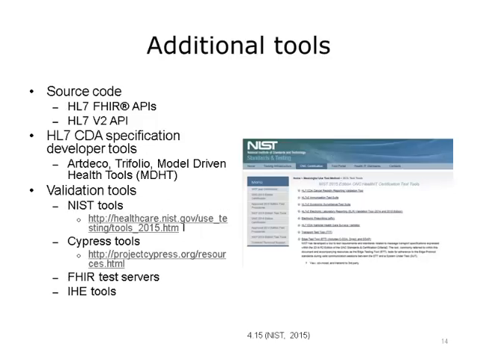In addition to the 4 major technologies discussed, there are other tools and technology that can help with interoperability implementation. There are open-source solutions available that developers can use. For example, there are numerous open-source APIs available for use in implementing HL7 version 2 and FHIR. There are also free tools available to help build CDA specifications. These include Art Deco, Trifolio, and the Model Developer Tool.